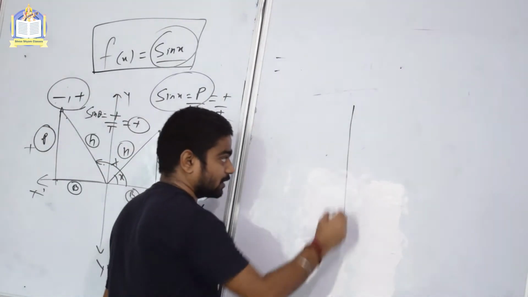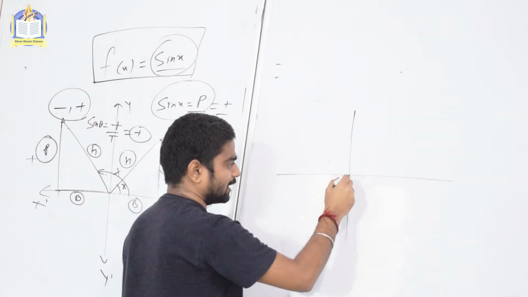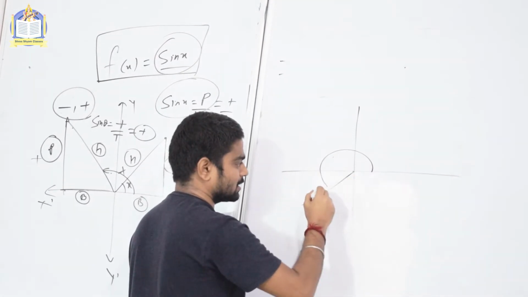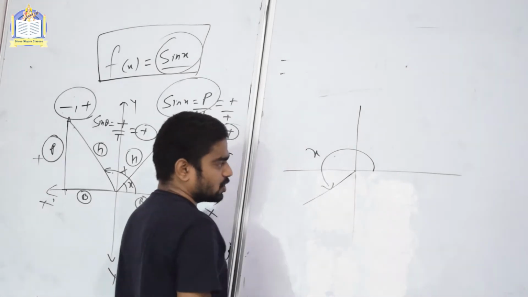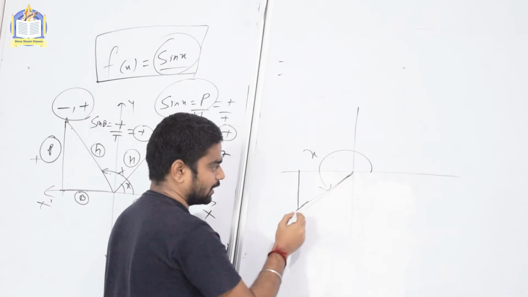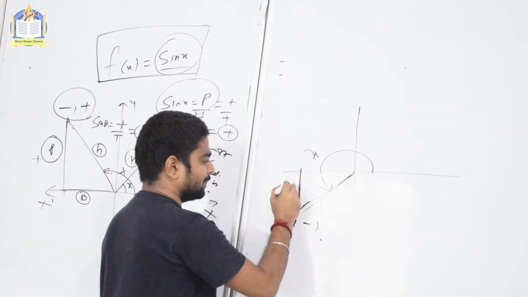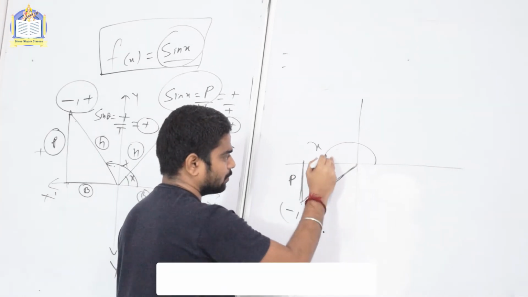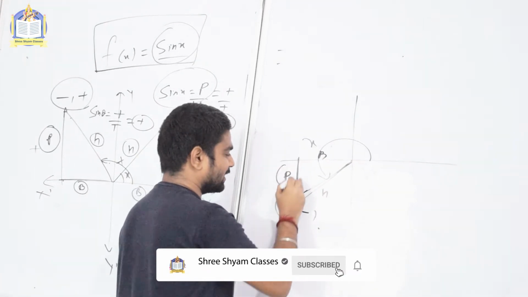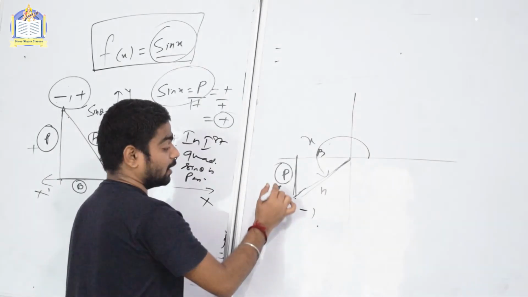Now let's talk about the third quadrant. This is our third quadrant, this is the required angle, this is the x. In the third quadrant this is perpendicular, this is base, and this is hypotenuse. In the third quadrant both x and y are negative, so the perpendicular is negative.